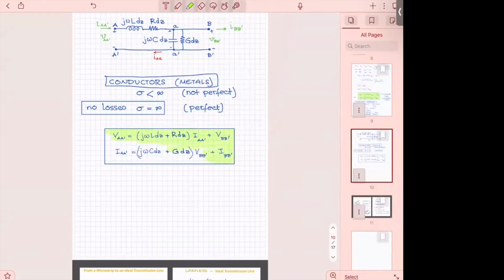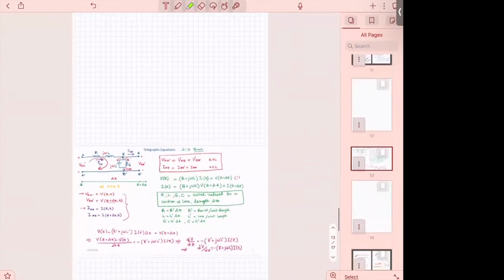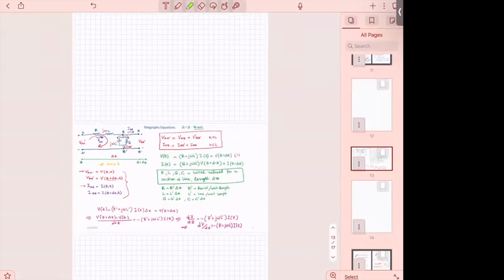Okay, so the last thing I have to do is in fact solve these equations. All right, so we have derived these equations. Here you see the whole thing, and see exactly how we did those.